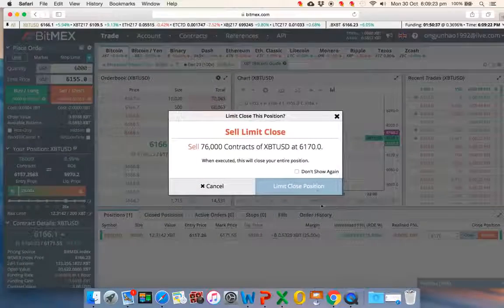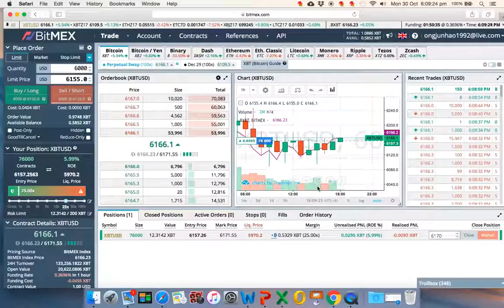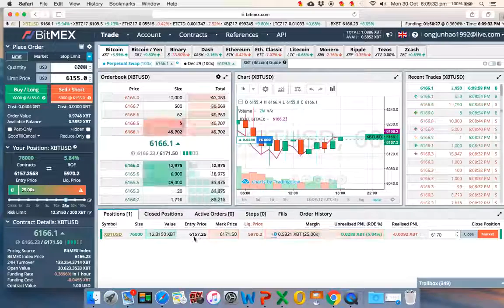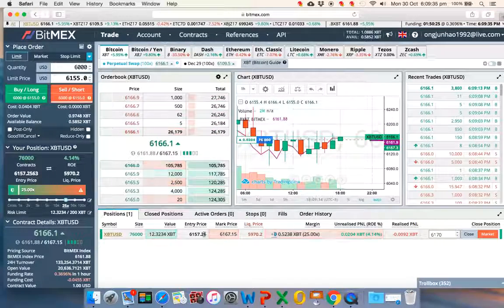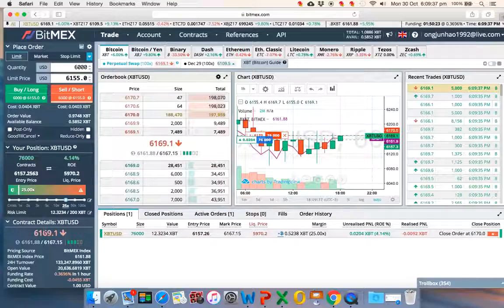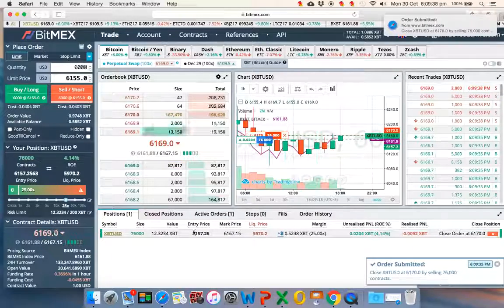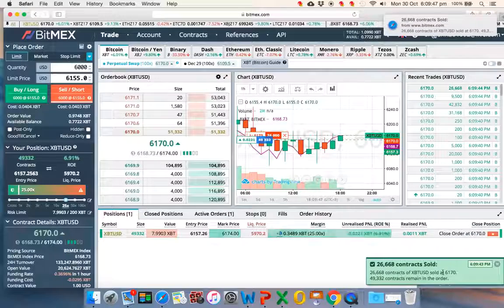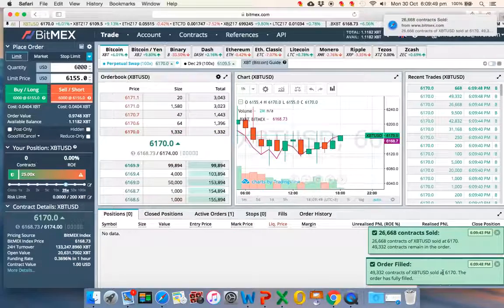Okay, so I press close. It's going to appear in the order book later when it's closer to it. And what it does is, if right now I enter at 6157 and I close it at this price now, oh okay, it closed already. Everything order submitted, close. Okay, most of it is closed. Perfect. Everything is closed.